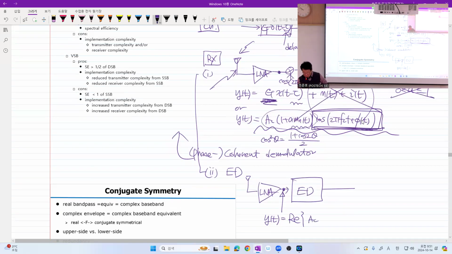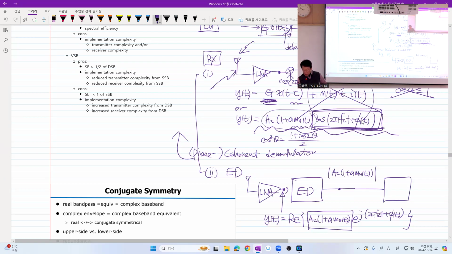So you have AC times 1 plus a mn of t, and you have e to the j 2 pi fct plus phi of t. An envelope detector takes the envelope of the signal and outputs its absolute value or modulus. So here, what you have is AC, mathematically speaking, times 1 plus a mn of t.